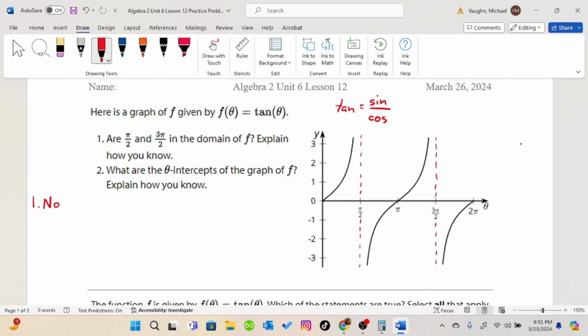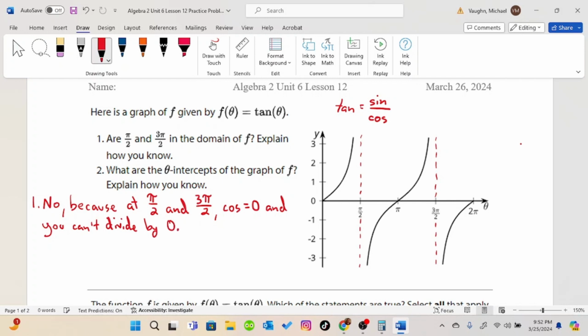And the reason is at pi over 2 and 3 pi over 2, cosine equals 0. And you can't divide by 0.